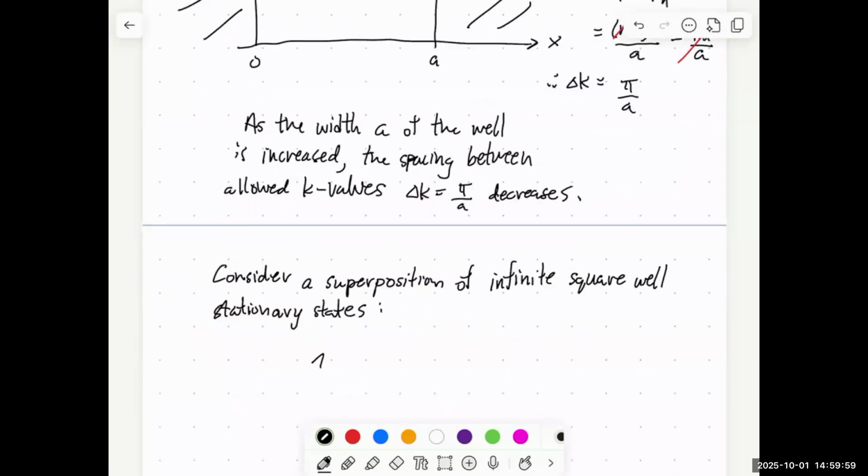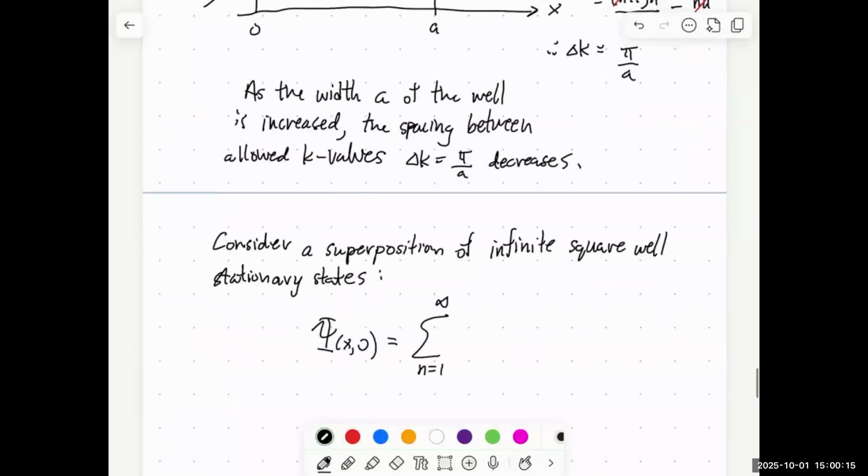Let's take some initial state. I don't care about the time dependence for this argument. All we're going to do is sum over the allowed n values, something like C_n sine(k_n x). What we'll do is pick the C_n's to follow some Gaussian distribution. So it'll be peaked at some n, and then it will tail off from there with some width.